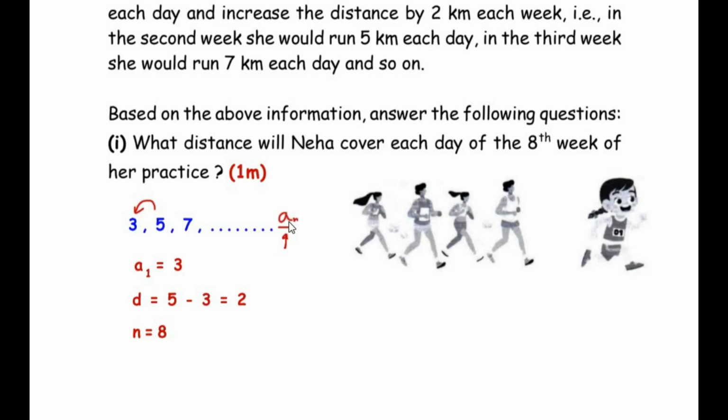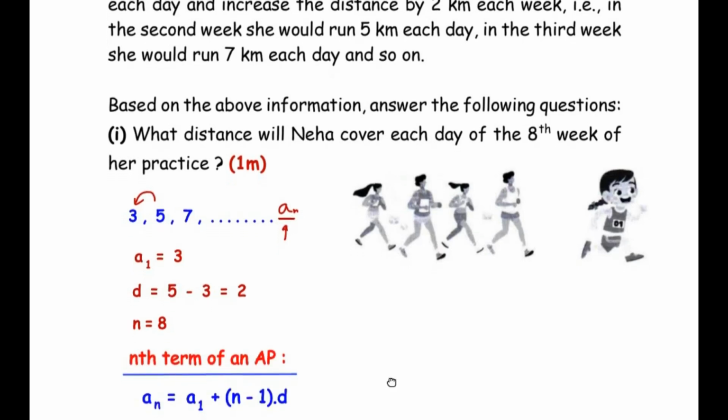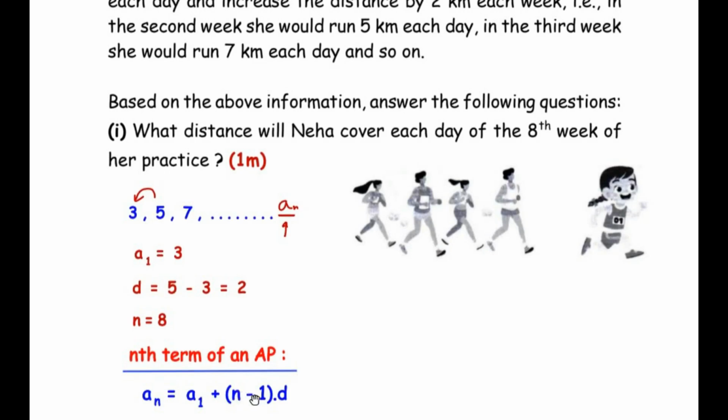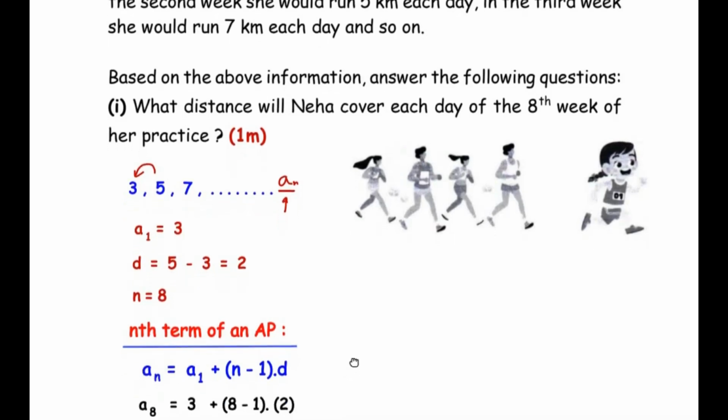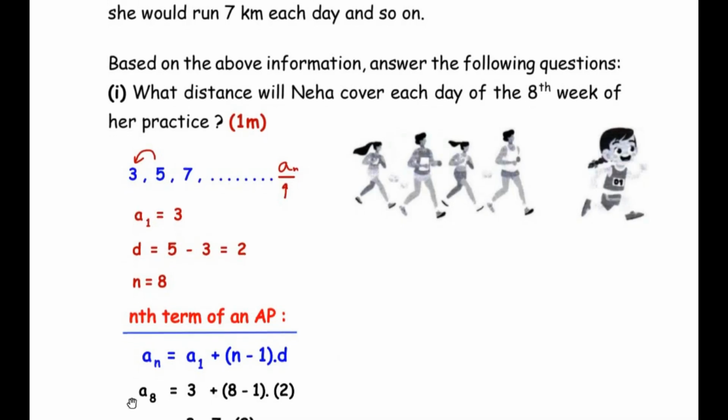So here we are going to make use of the nth term of an AP formula, which is an is equal to a1 plus n minus 1 times d. Now we just need to plug in the values of a1, d and n to get an. So we have substituted all the values. That is, a8 is equal to a1, which is 3, plus n, which is 8, minus 1, times d, which is 2.